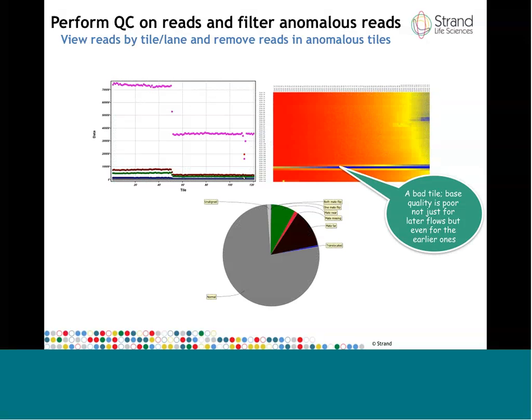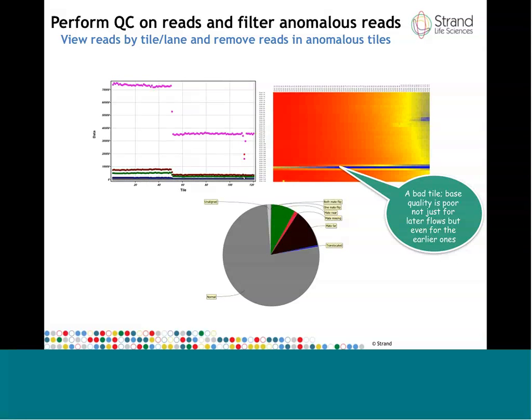This view on the top right, the heat map view that you see, is specific to data coming from the Illumina platform. On the rows, you see various tiles on which sequencing has been performed, and the columns refer to the base position. So if you've sequenced reads of length 100, then you'll have 100 columns, and the color of a particular cell indicates the quality of the bases in that particular tile.